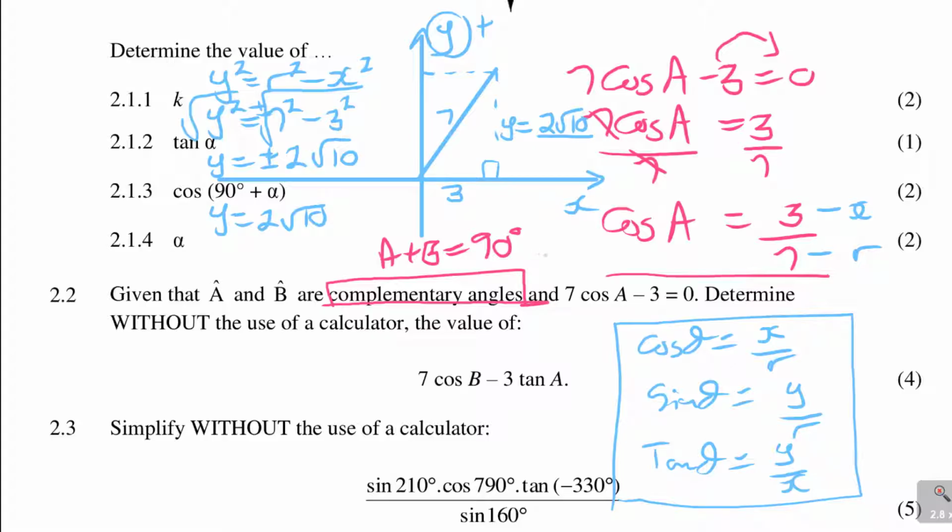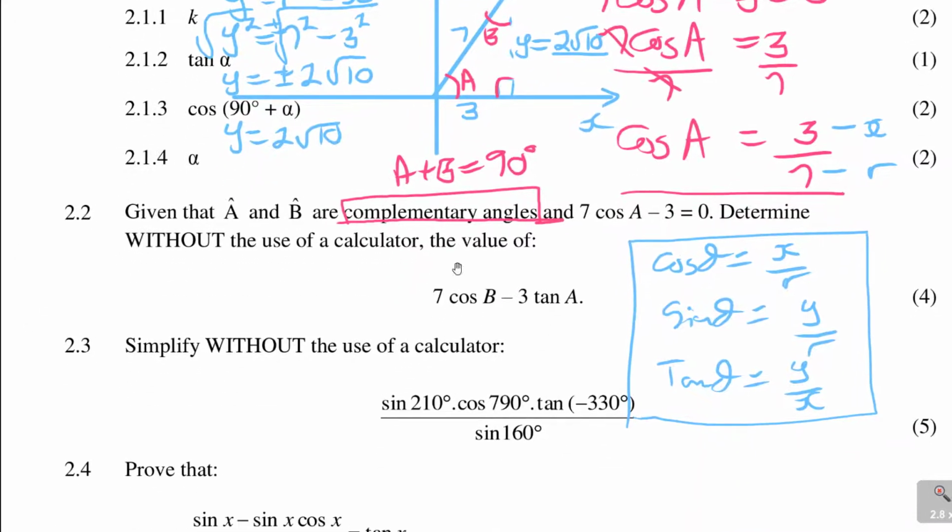Are you getting that? When they say complementary, now look at this. If this is my A, that becomes my B, because already I've got 90 degrees, meaning A plus B gives me the 90. So now what does it mean?